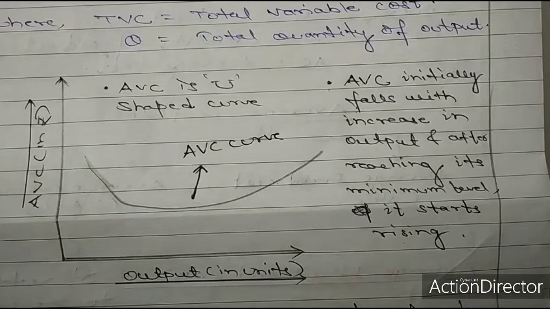In the same way, the AVC curve also behaves: it initially decreases, then is constant for some time, and then starts increasing. That is why the shape of average variable cost is U-shaped.